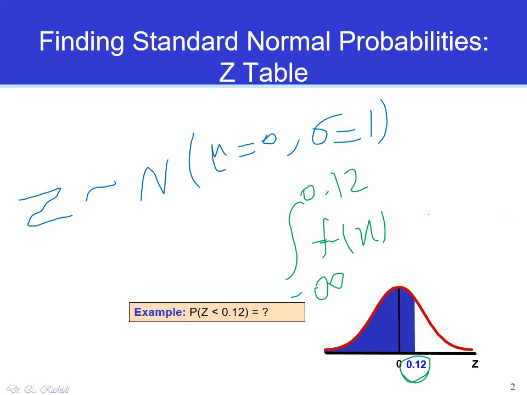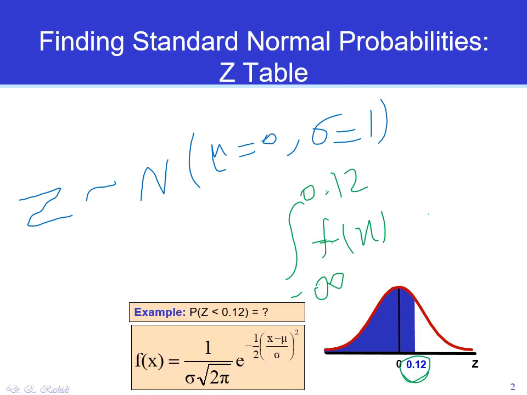Let's go back and see the formula, the f of x, the probability density function of a normal distribution. This is the function. It's a pretty complex function. If we wanted to solve it mathematically, we would have to replace mu and sigma here.